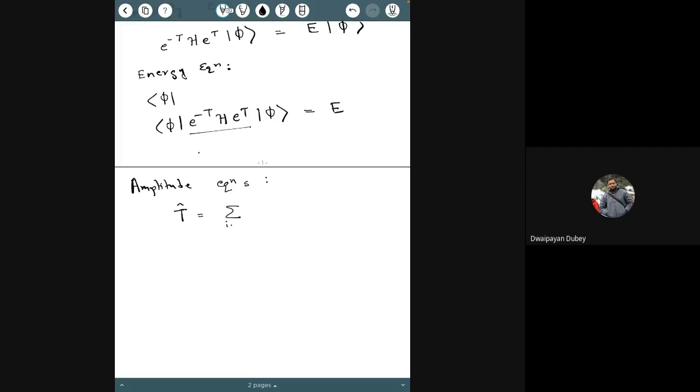So I can say I, J up to something, A, B up to something, of some cluster amplitudes and a corresponding operator. So this is what is called the excitation operator.